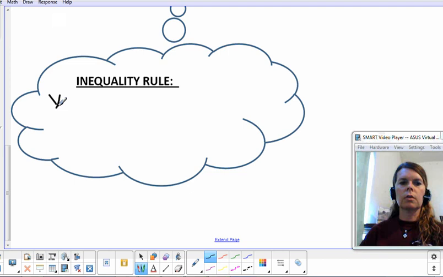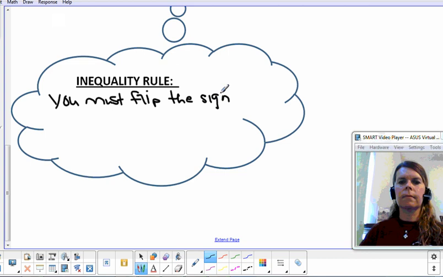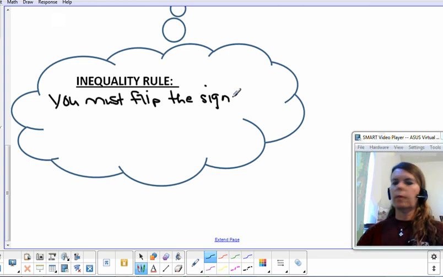It says you must flip the sign when you divide or multiply both sides of the inequality with a negative number. And this is just off the front page.